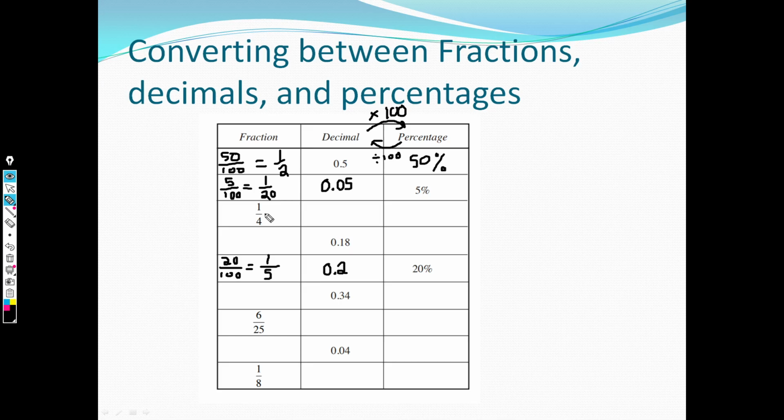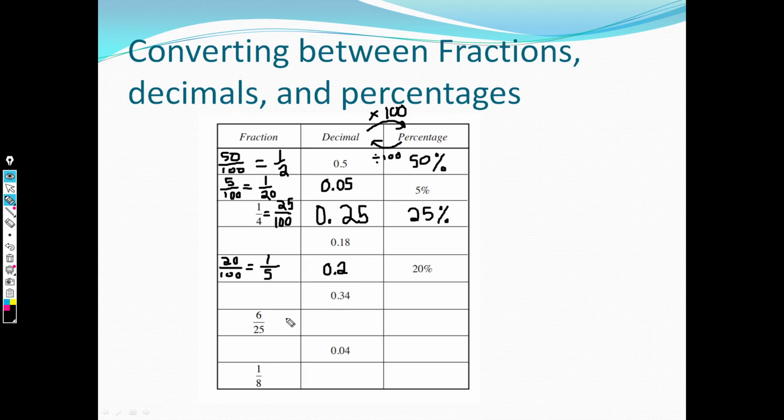Like 1 over 4 expressed as something over 100, that's 4 times 25, 1 times 25. 4 times 25 gets me to 100. 1 times 25 makes this 25. So this is 25%. Well, 25%, that's easy. That's just 0.25.